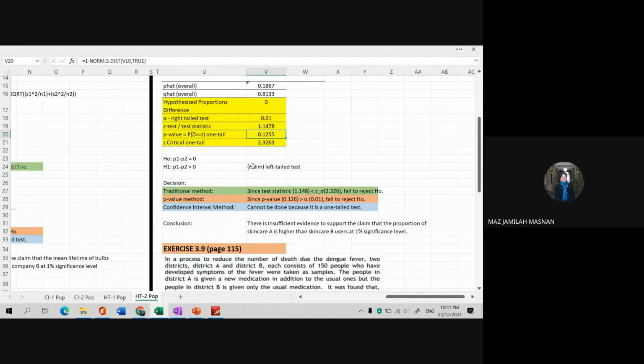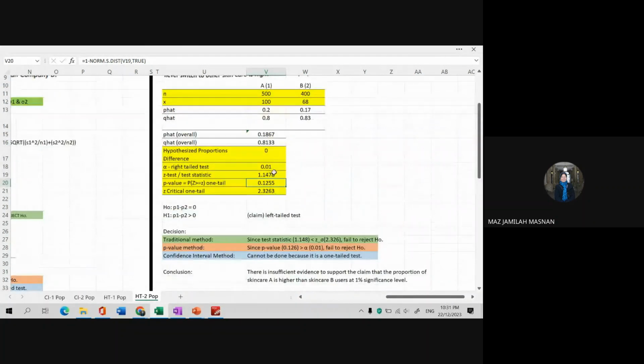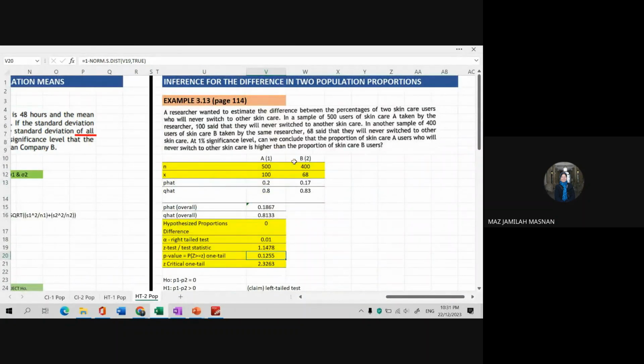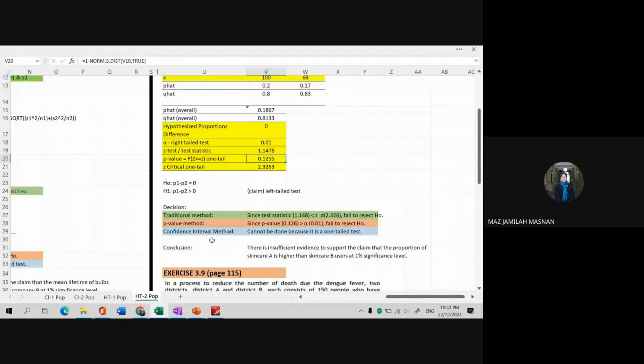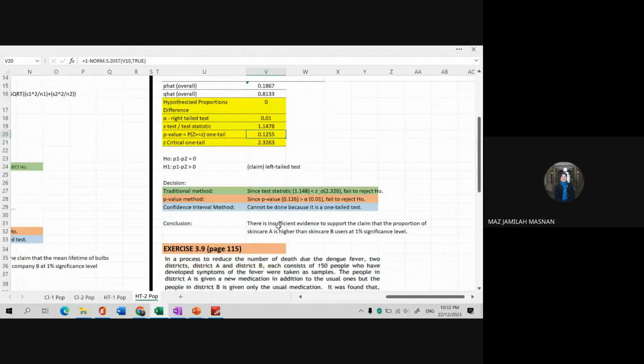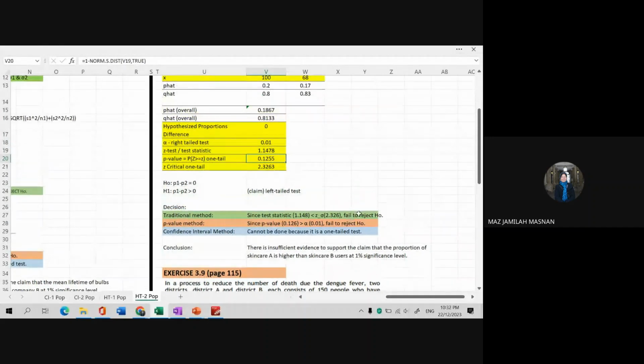So what is your conclusion? Since the claim is at the alternative, we are trying to find evidence to conclude that the proportion of skincare A users who will never switch to another skincare is higher than the proportion of skincare B. In this case, it shows that there is insufficient evidence to support the claim. Fail to reject null.